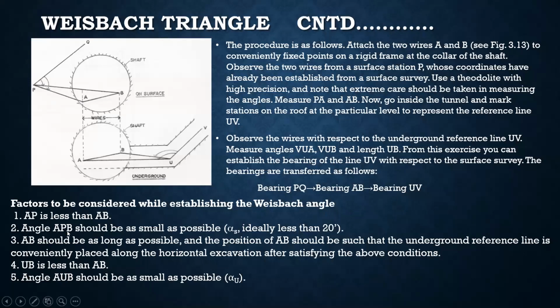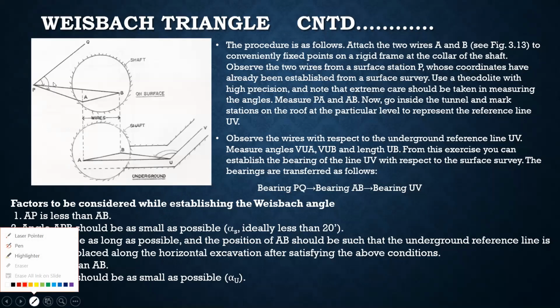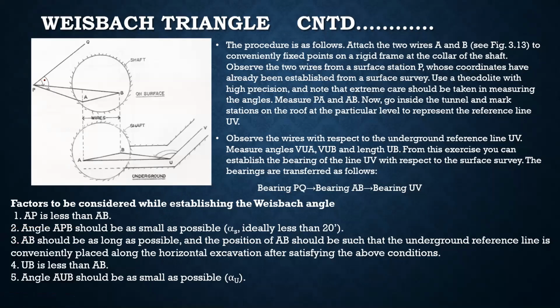Then the angle APB should be as small as possible. This angle here has to be as small as possible. And then the third one, AB should be as long as possible.